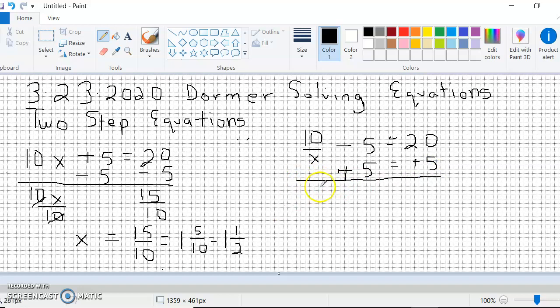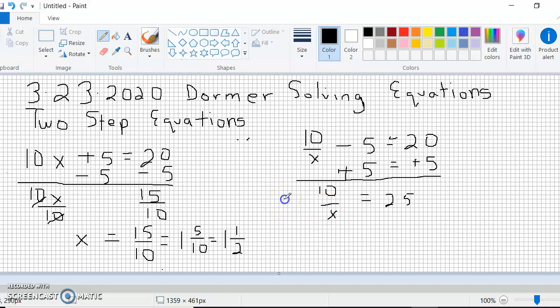And so now I'm left with 10 over x is equal to 25. Okay, but I have an x on the bottom and I must move that x around.